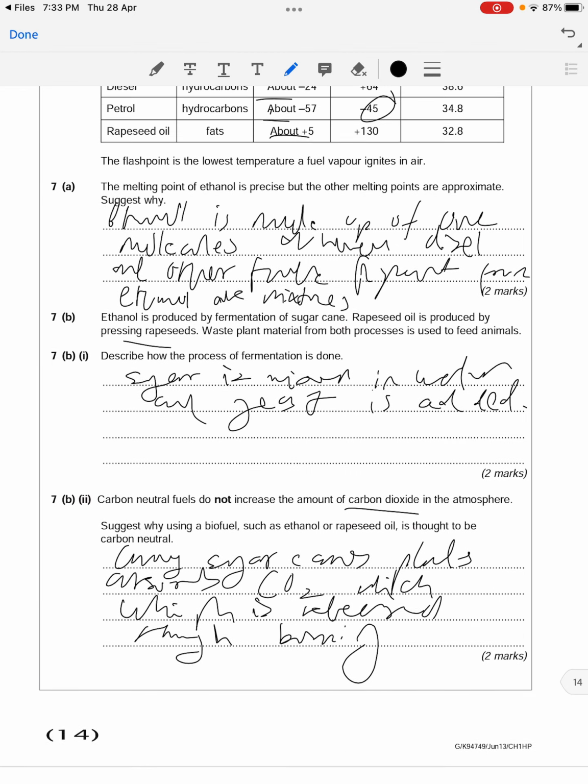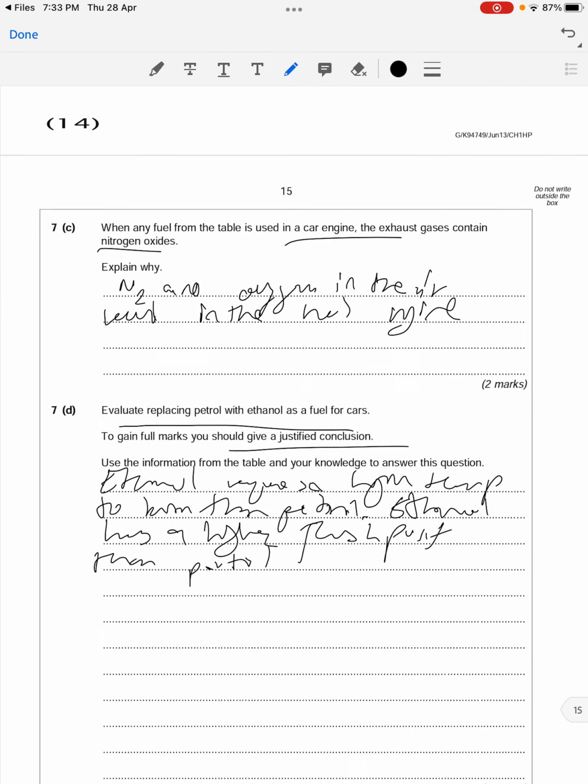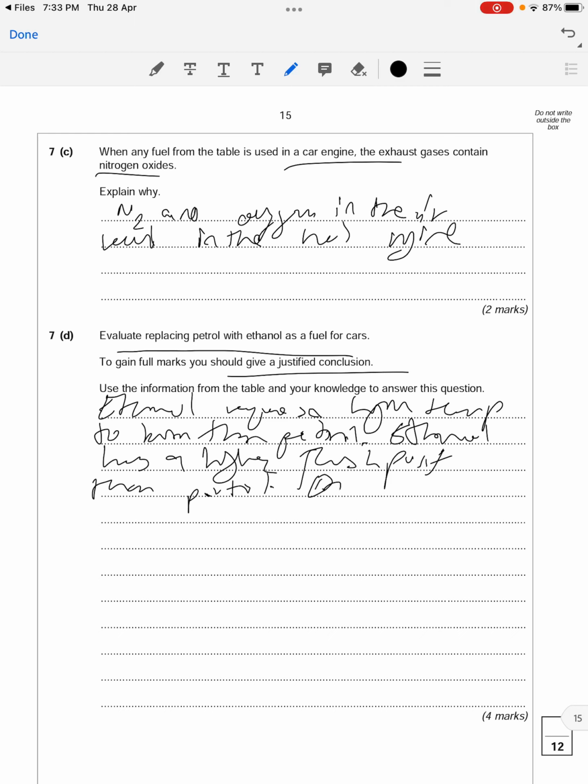Also you can compare that ethanol releases less energy per liter than petrol.